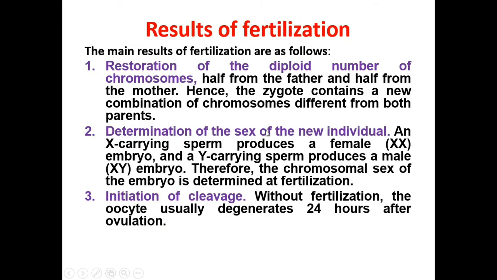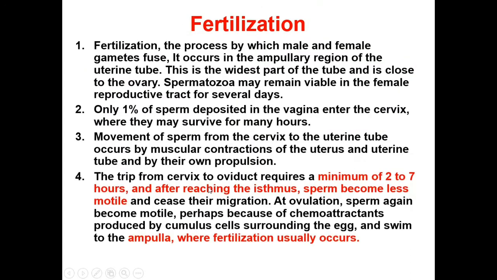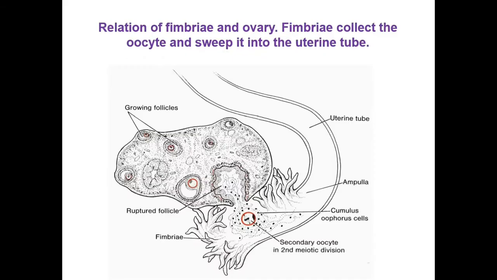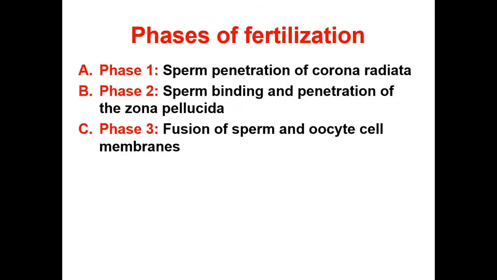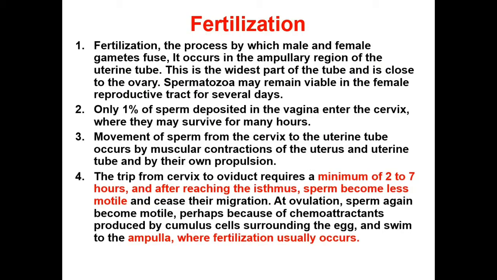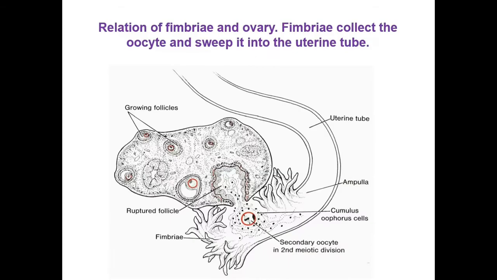As you know, in the female reproductive organ, the vagina is the nearest part from which the sperm enter, and from the vagina they pass into the uterus, and from the uterus they pass into the fallopian tube, and this is the isthmus part of the fallopian tube.